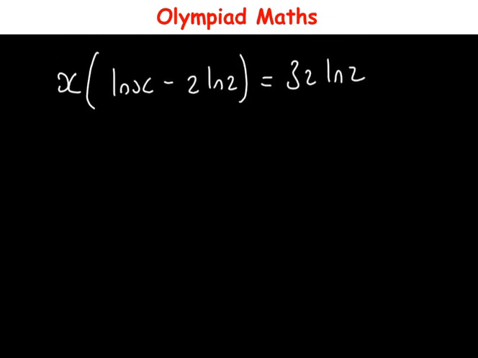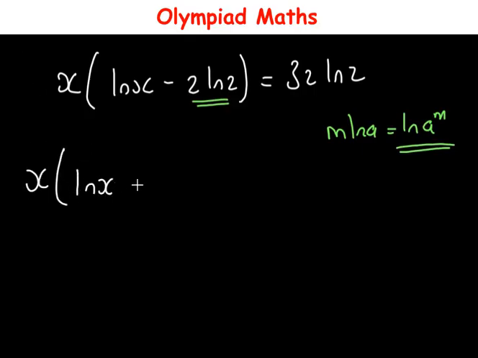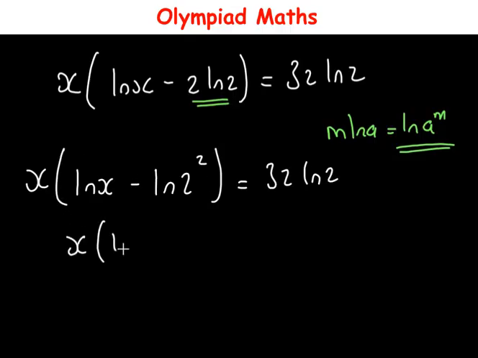Also, at this junction, applying this rule of natural logarithm, that if you have m times ln a, this equals ln a raised to power m. So applying this rule right here, what we have is x times (ln x minus ln 2 raised to power 2). This equals 32 times ln 2. From here, x times (ln x minus ln 2 squared is 4) equals 32 times ln 2.